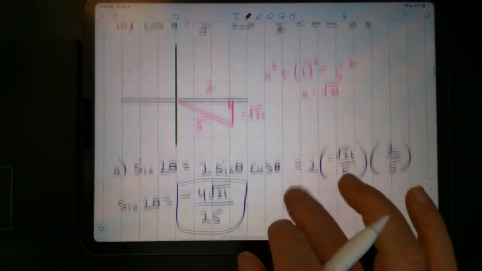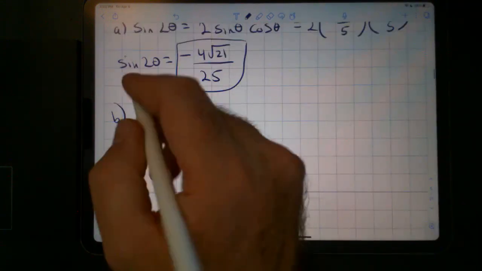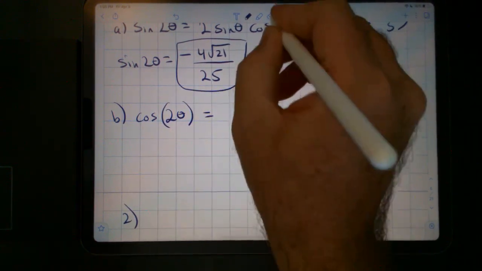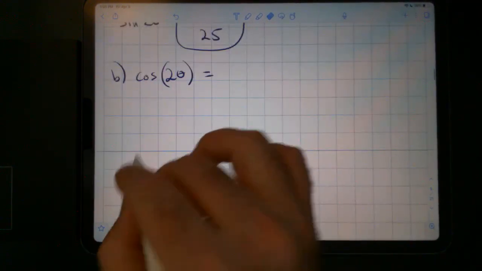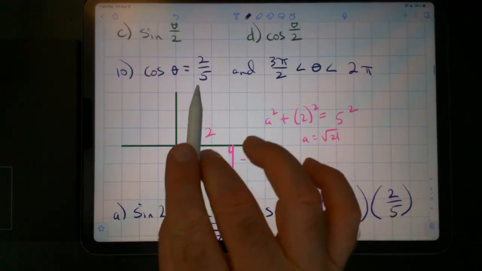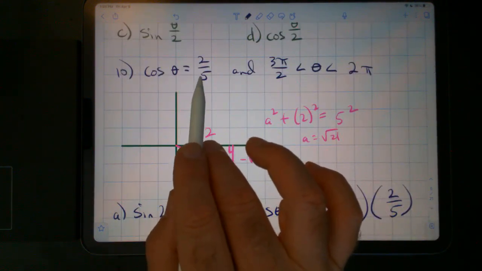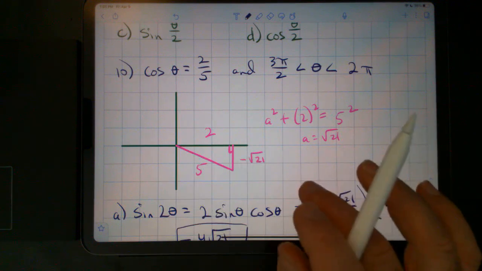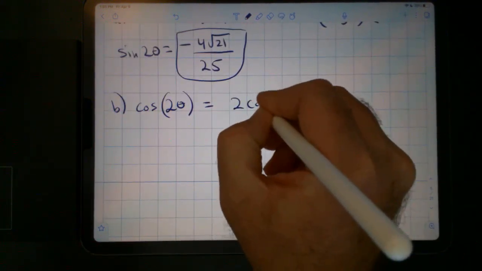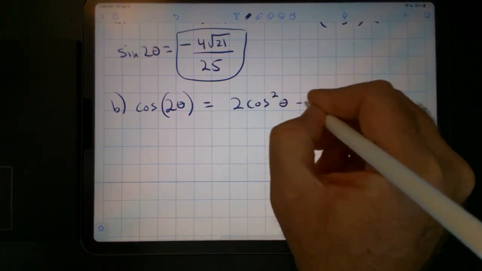Okay, for B, we need cosine 2 theta. Since I'm given cosine theta, why don't we use this form here? We have 2 cosine squared theta minus 1.